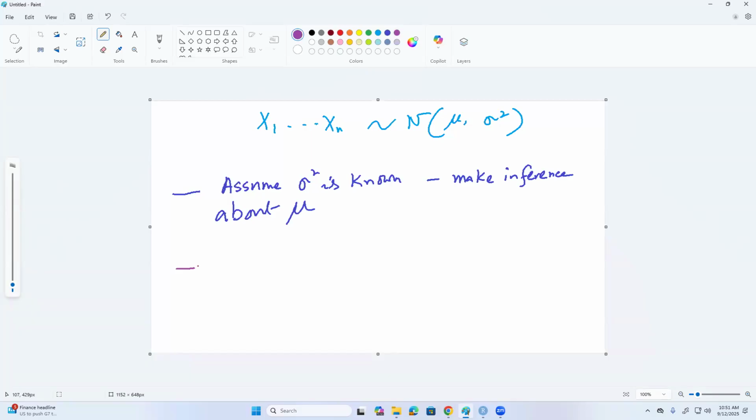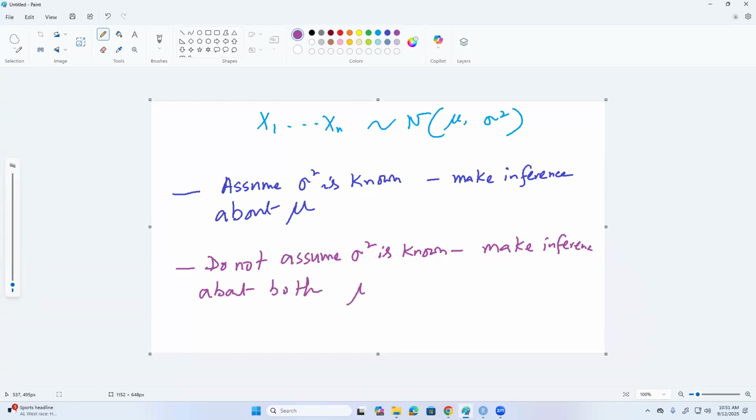And the second thing, we do not assume sigma square is known. Then make inference about both mu and sigma square. So this is the learning plan for chapter 5, one by one.